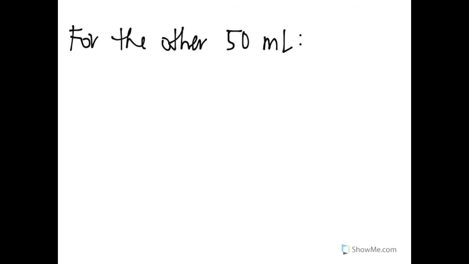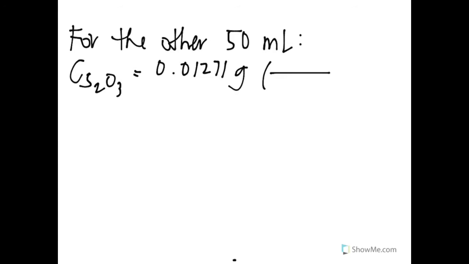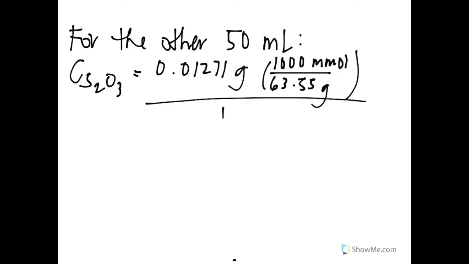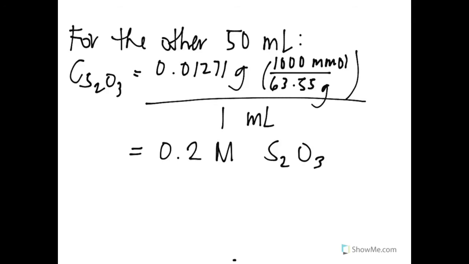So the concentration of thiosulfate, S2O3, we use the 0.01271 grams divided by the formula weight of the copper, which is 63.55 grams. Let's make it millimoles again, all over the volume, which is 1 ml. And this is equal to 0.2 molar of the S2O3 or the thiosulfate.